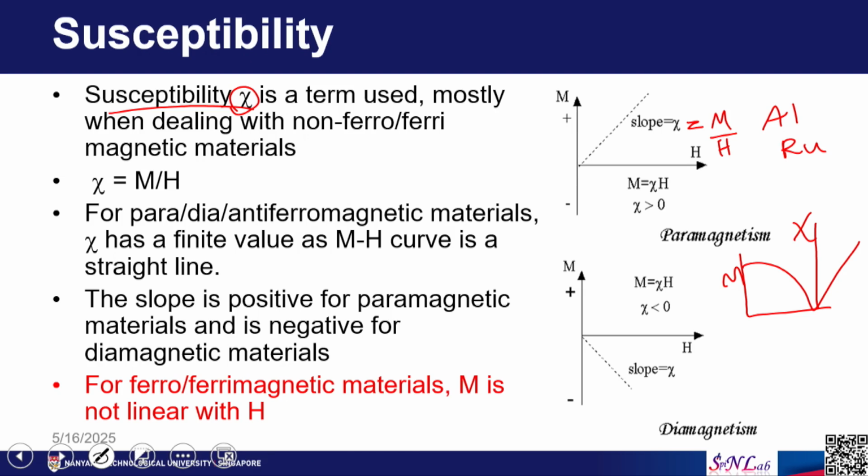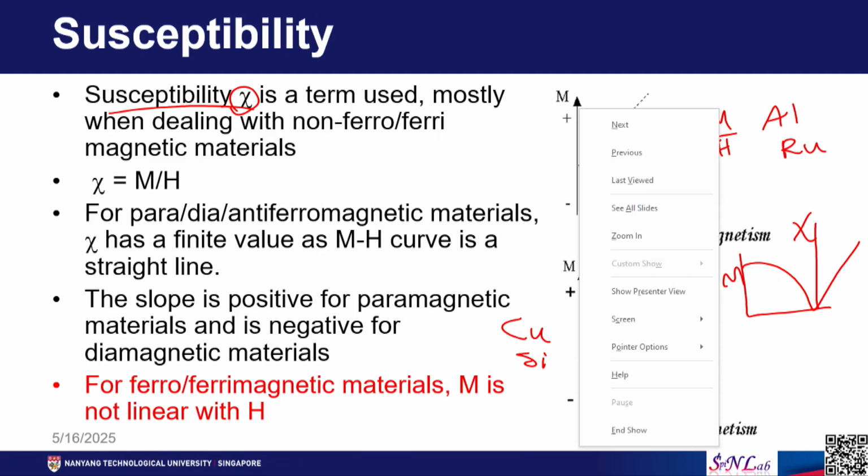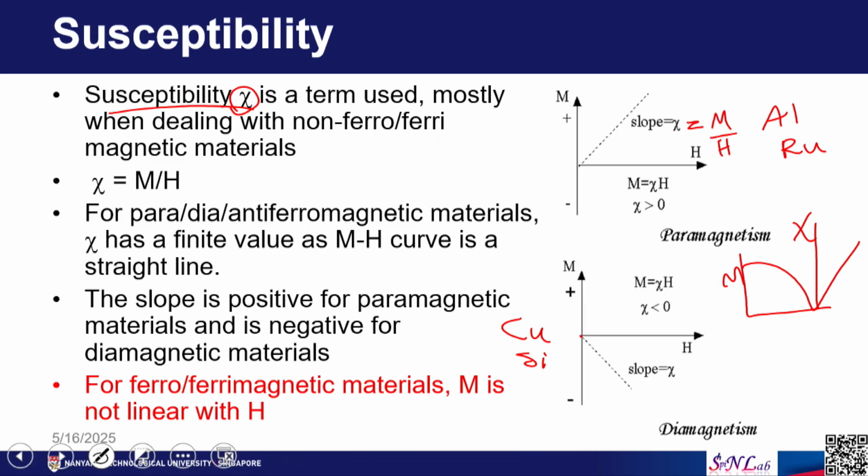Let us say now I put a piece of copper inside the vibrating sample magnetometer and measure the magnetization as a function of magnetic field. Initially the magnetization is 0, but once I increase the magnetic field, the magnetization will start decreasing.